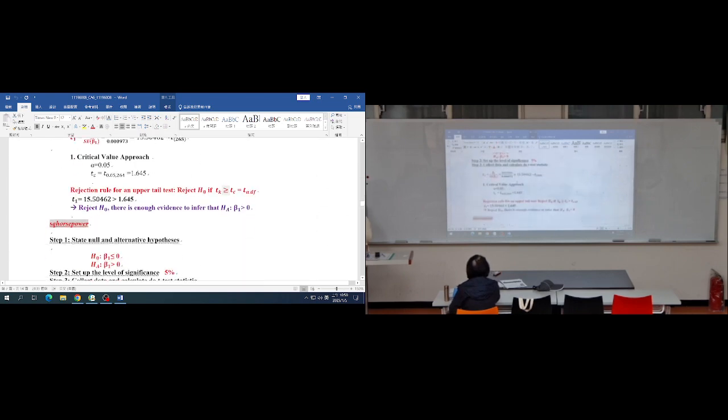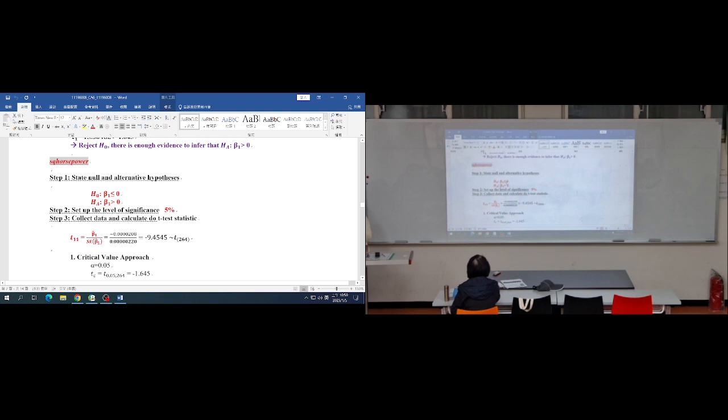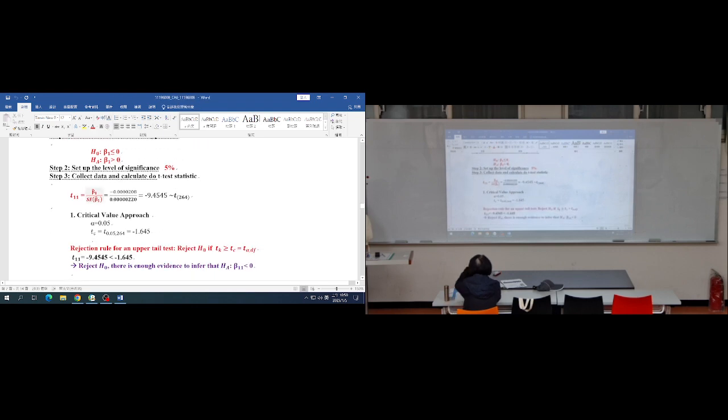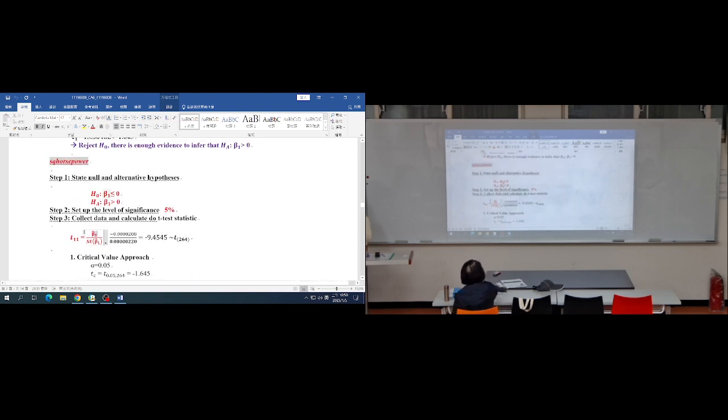So what is your alternative hypothesis here? It is beta 11 here, and also beta 11 here. Is the sign of this one right?